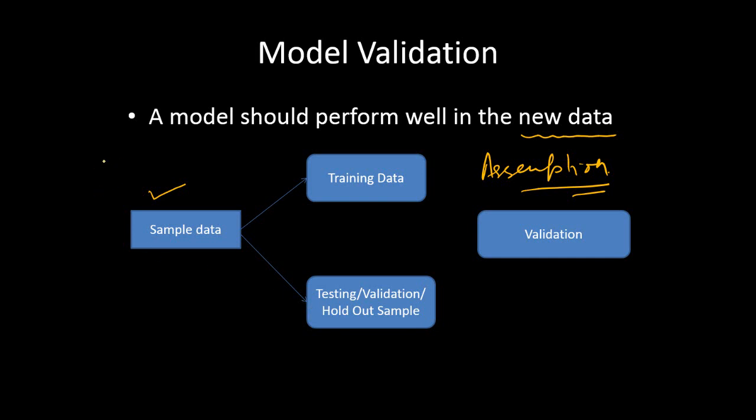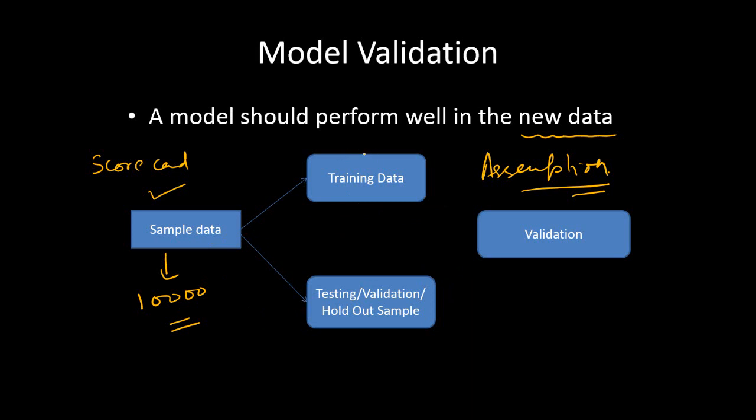Say, for example, if you are building a scorecard model, you will not take the entire population from your portfolio. You will rather take a sample of it, say 100,000 customer records. We divide this sample data into two data sets.